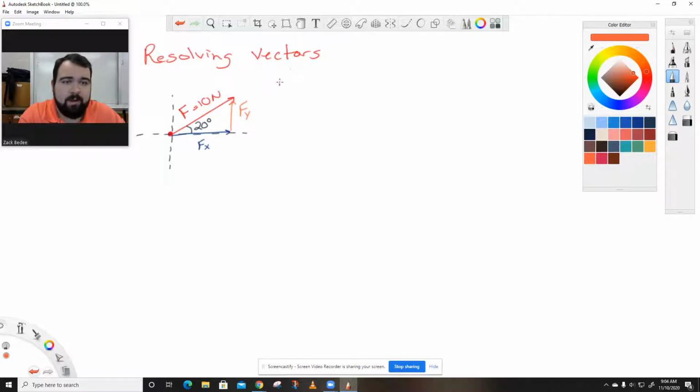So to get F of y, we'll do F sine of theta. So that will be 10 sine of 20. We're doing these in degrees, so make sure that the calculator you're using is in degrees and not set to radians. That value should come out to 3.42 newtons.